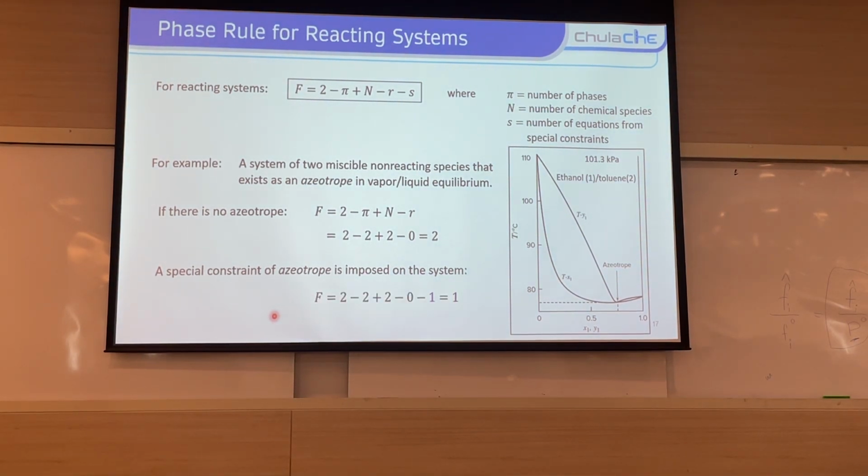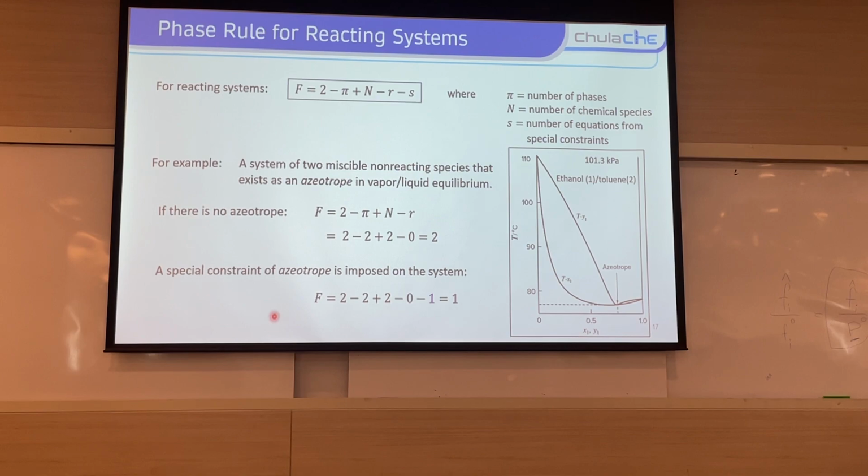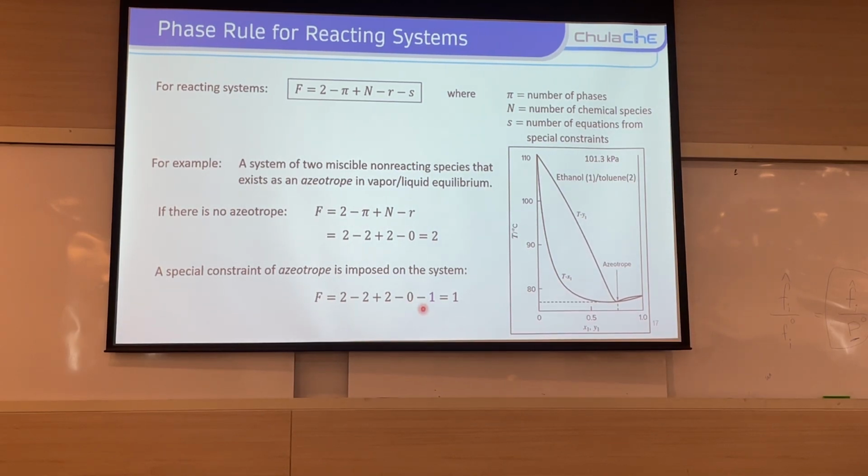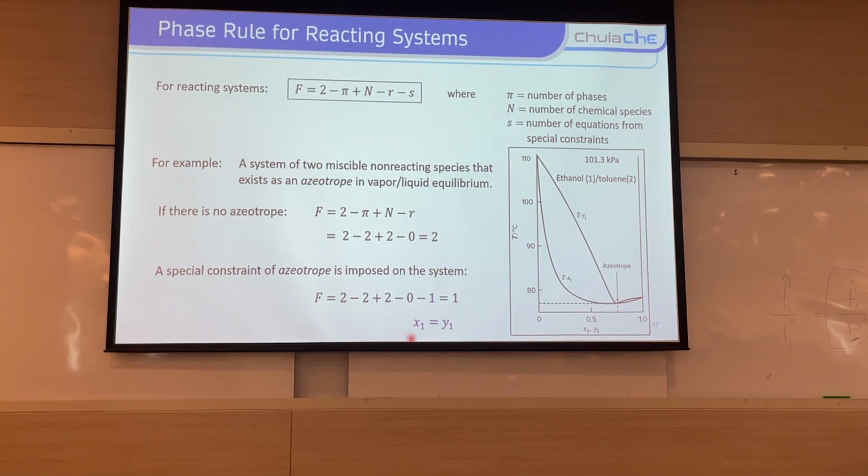So when you calculate the degrees of freedom here, you have one more equation or one constraint. In this case, it is x1 equals y1. Another equation that you can use to calculate the unknown parameter. So in this case, the degree of freedom is equal to 1.